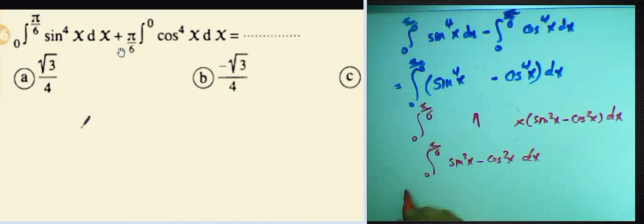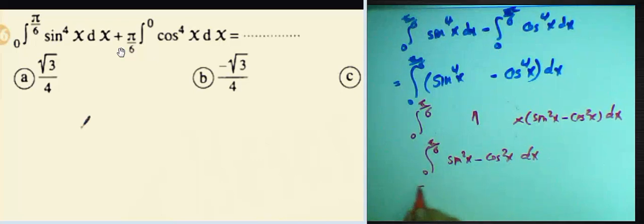We can write what? Right here, the inverse of them. We can write negative outside, from 0 to pi over 6, and the inverse, cosine power 2x subtract sine power 2x. Why? Because it's an identity. It equals cosine 2x.